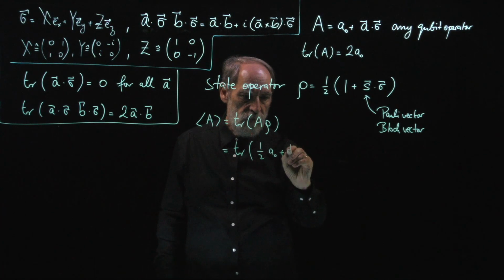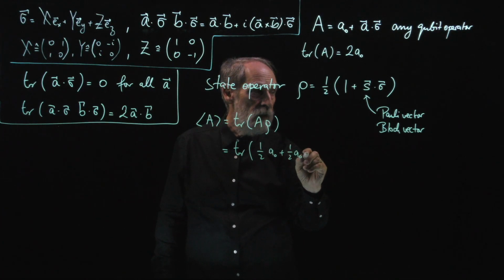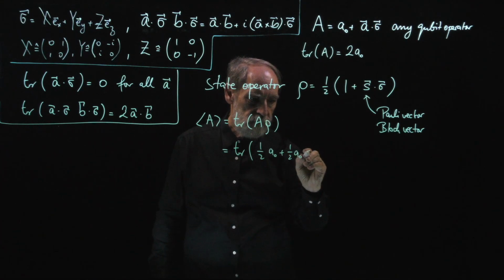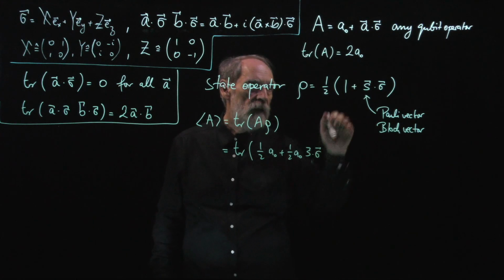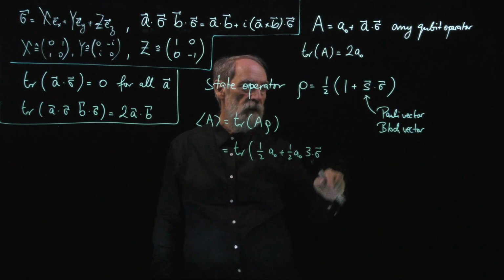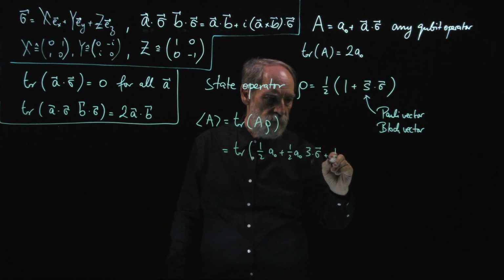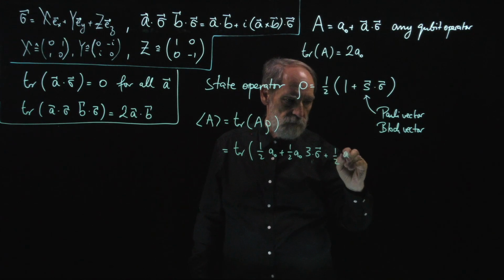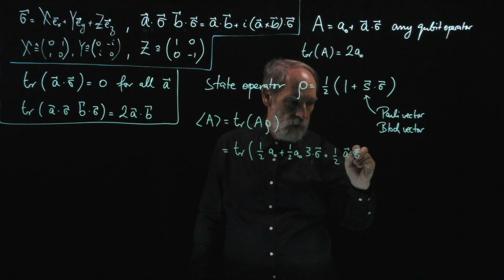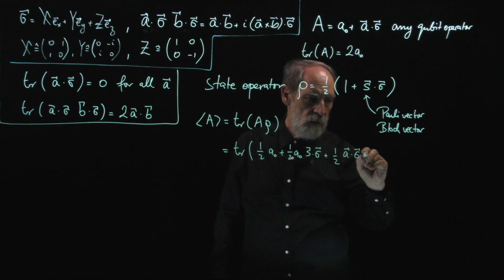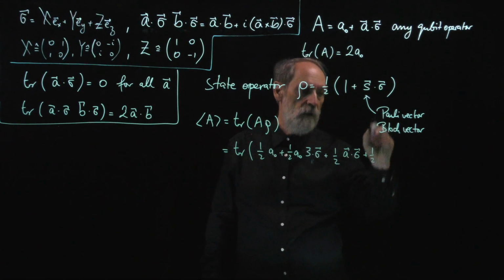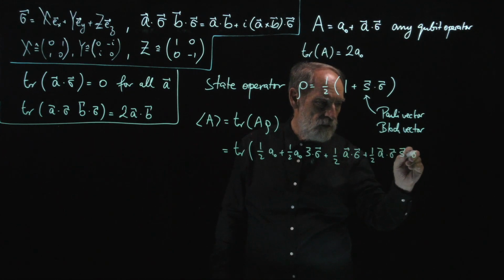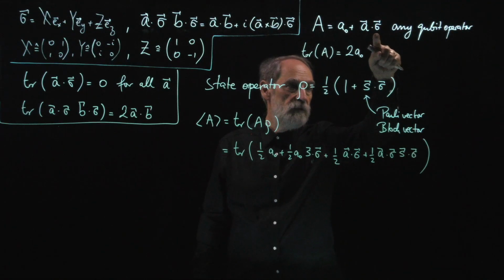Then we have half of A0 times S dot sigma. It's a product here with here. Then we have half of A dot sigma times 1. And then finally, we have half of A dot sigma times S dot sigma, the product of this term with this term.